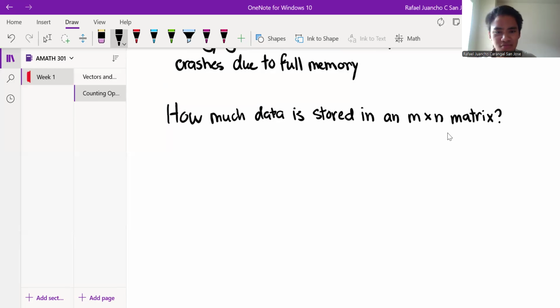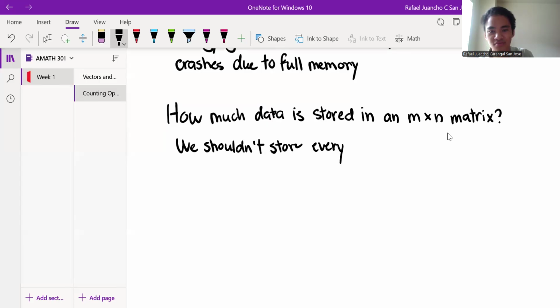That's a question. Well, we shouldn't store everything. That's the idea. Because if we store everything, the tendency is again full memory or the computer crashes, right?